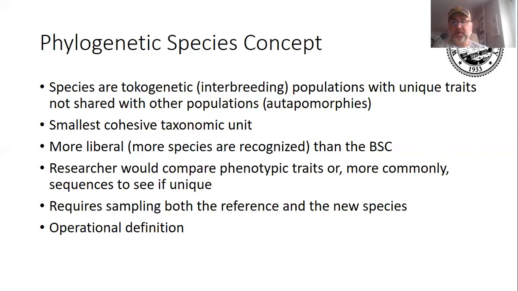It's more liberal than the biological species concept because you can take organisms that may potentially interbreed, but for some reason they're not. So, for example, the golden-winged warbler and the blue-winged warbler: if you find alleles within the golden-winged warbler that are not found within the blue-winged warbler, you could argue that those are different species.